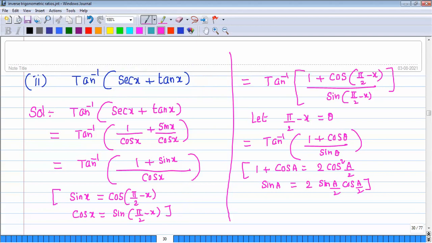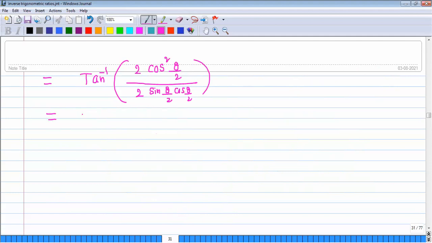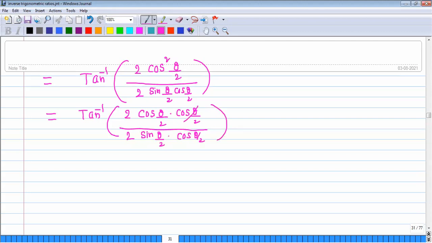Now we need to simplify: 2 cos theta by 2 into cos theta by 2 upon 2 sin theta by 2 cos theta by 2. Now the cancellation: cos theta by 2 and the 2 will cancel out. So what do we have? Tan inverse of cot theta by 2.